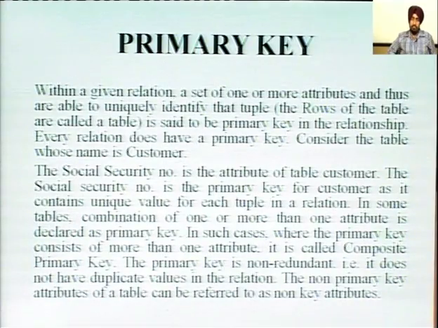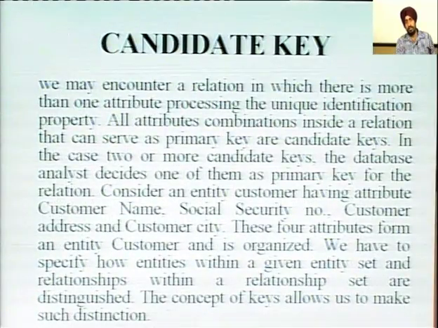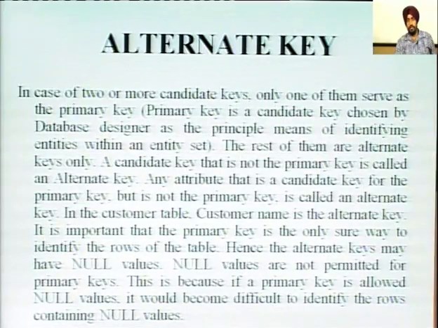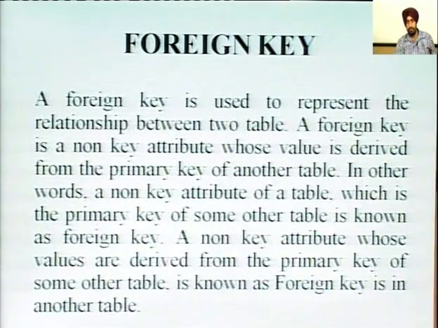That means the value of the attribute on which we apply the primary key must be not null, and unique for all the rows in the table. Then next are the candidate key, super key and alternate key. These are the different types of keys that are used in the database.